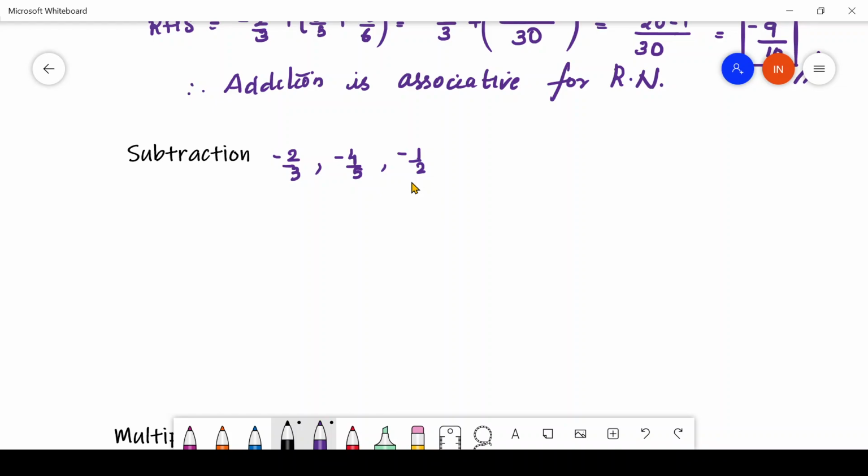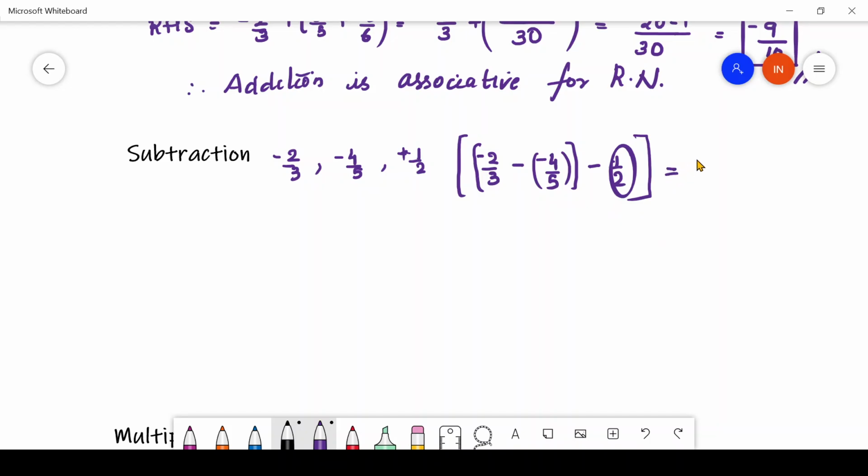First, if it is satisfying, we have to get negative 2 by 3 minus negative 4 by 5, then minus negative 1 by 2. Here this is positive, so half we have to do.